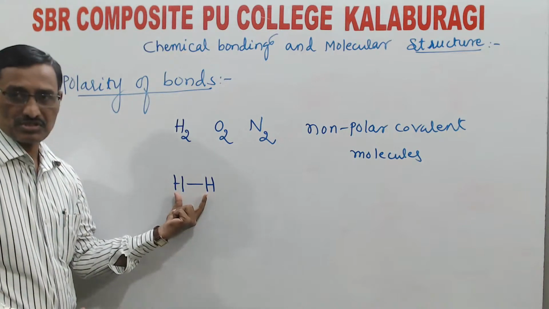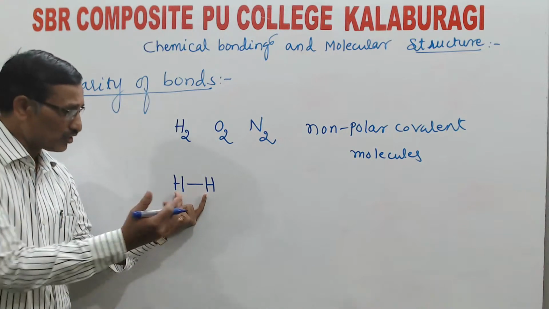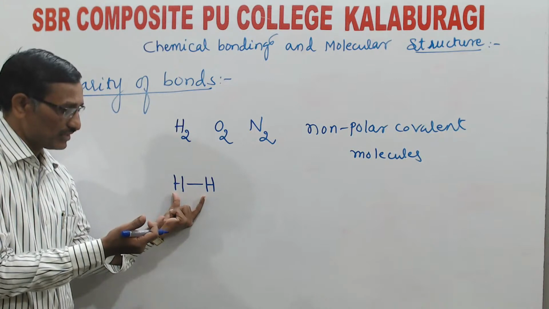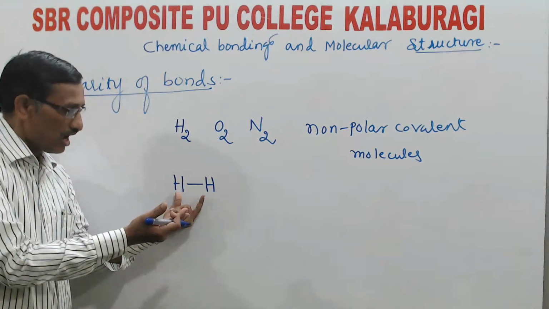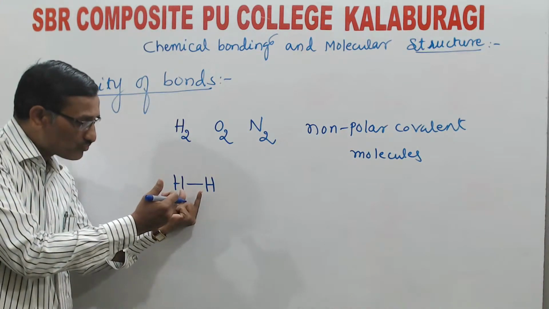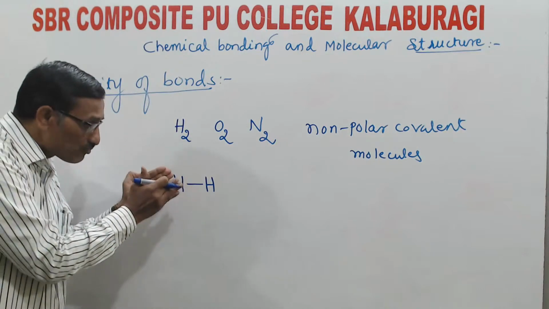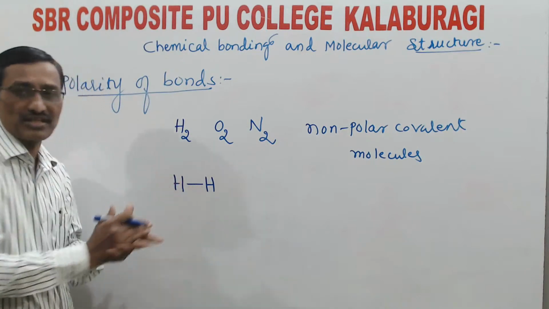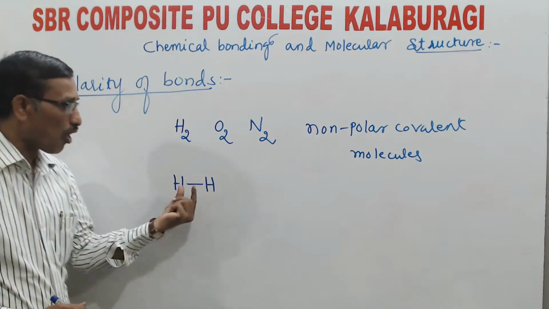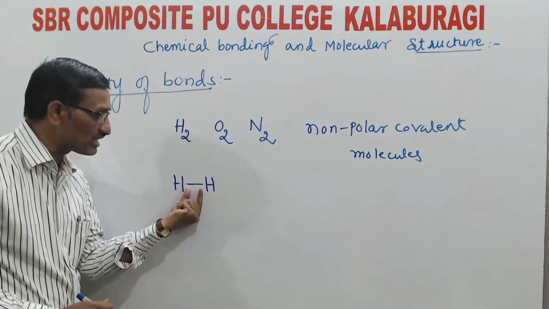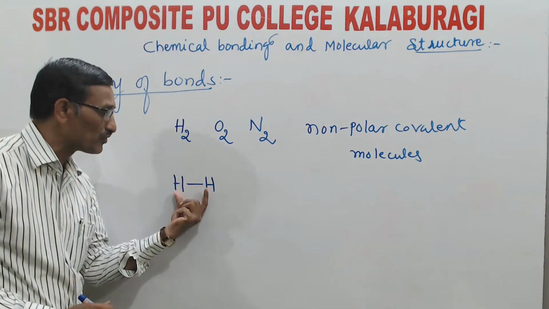Both the atoms equally share the electrons, so the bonded pair of electrons is equally distributed between the two nuclei.